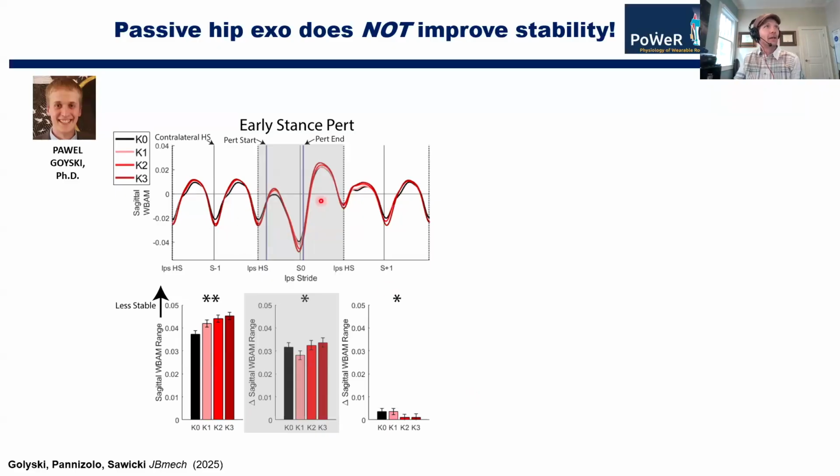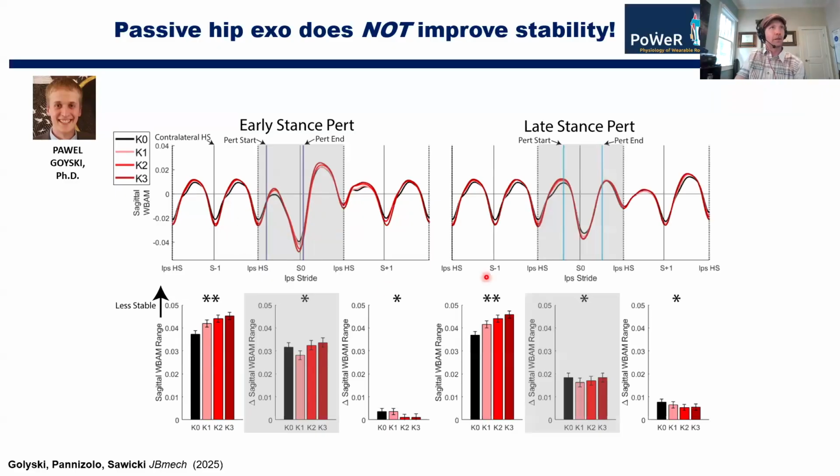So here again, this is what the whole body angular momentum looks like. We weren't able to really do much with the exoskeleton post perturbation. We did make the angular momentum in steady state fluctuate more, which, you know, the community would say you made someone's fall risk go up when you put a spring on their body because their whole body angular momentum had a larger amplitude in the steady state. So we don't know, that's possible.